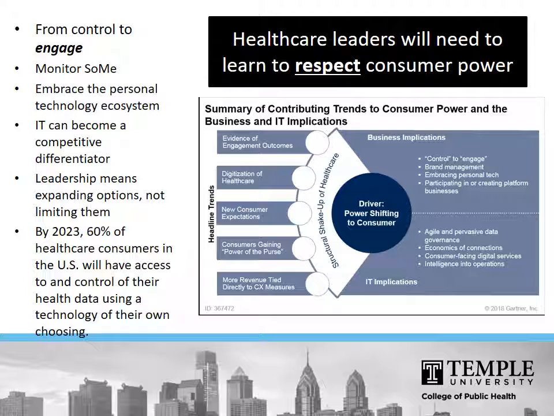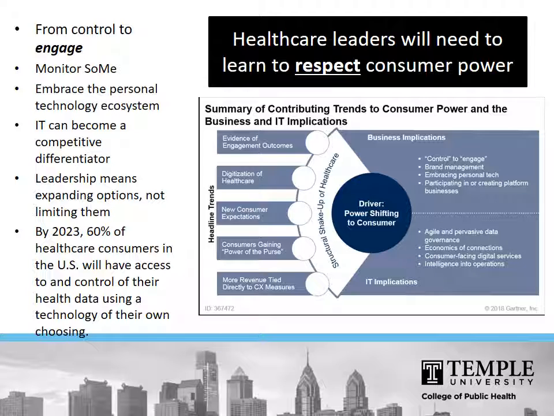And for business implications, we need to move from control to engage. Not control the patient, not tell them what to do, but engage them. Brand management, embracing personal technology, and participating in or creating platform businesses.